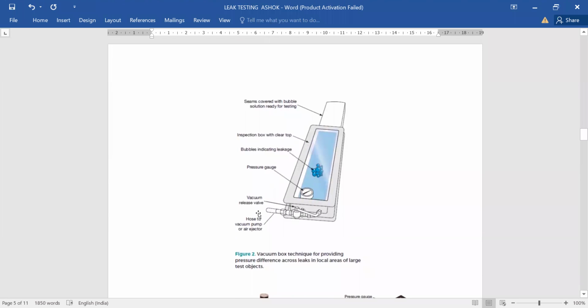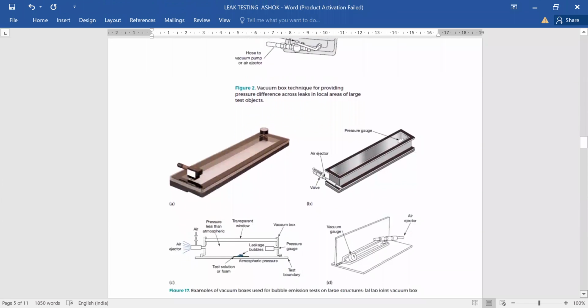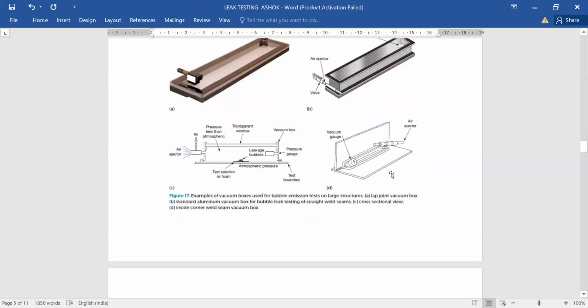So this is a picture of the vacuum box technique, providing pressure difference across the leaks in a local area of a large test object. And for the corners, there is something like this. And for the floors, something like this. That is an air ejector.